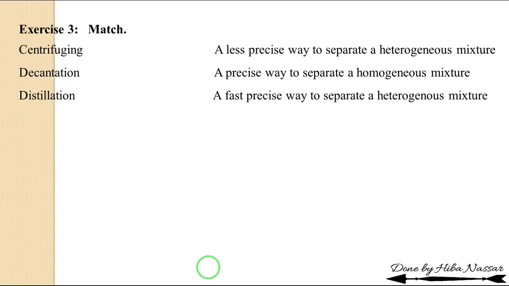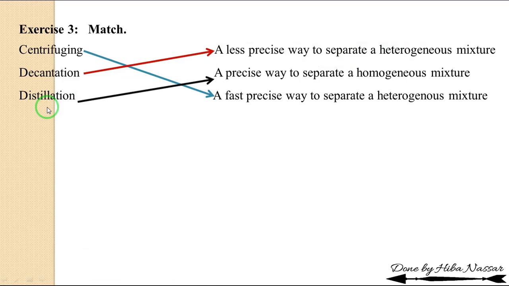Now moving to exercise 3, matching. Centrifuging, it's a fast, precise way to separate a heterogeneous mixture. Decantation, it's a less precise way to separate a heterogeneous mixture. And finally, distillation, it's a precise way to separate a homogeneous mixture.